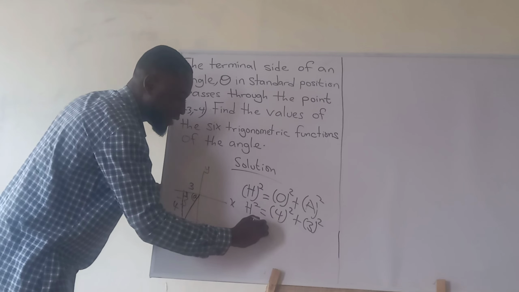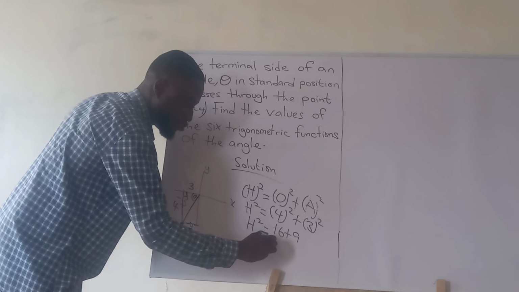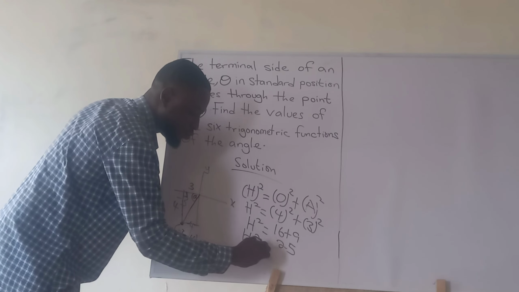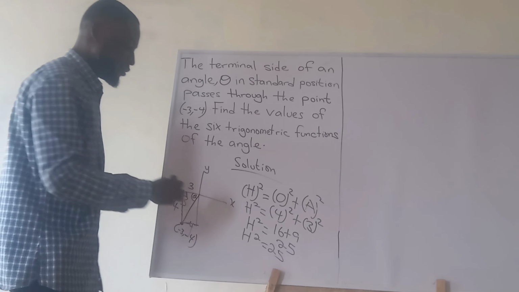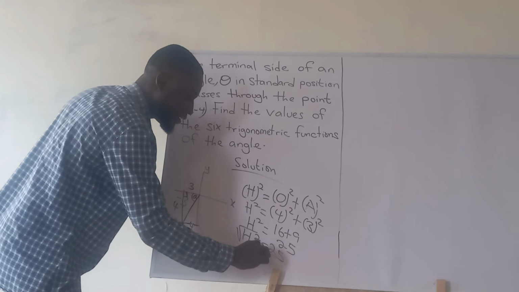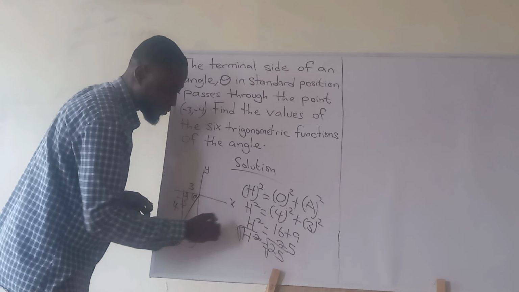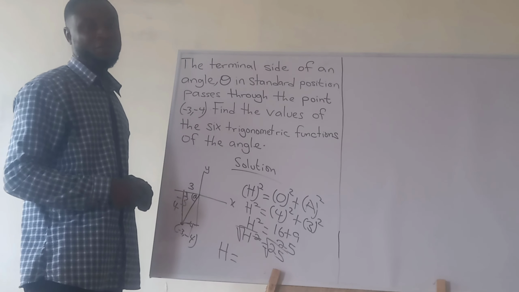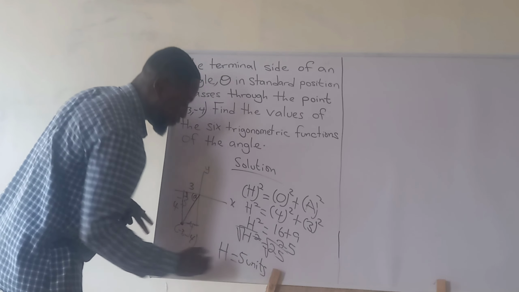So H squared equals 16 plus 9, which will give you 25. So H squared equals 25. Now how are you going to get H? You are going to square root both sides. So square root will cancel square. So our H will be square root of 25, which is 5. So 5 units.